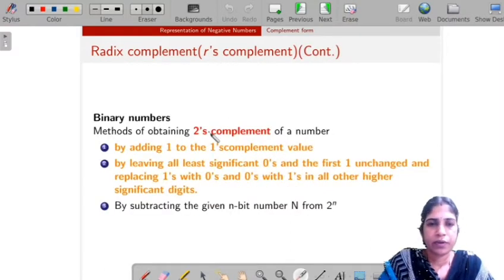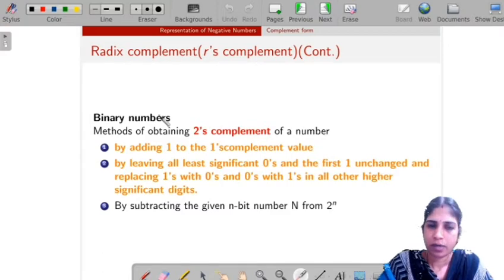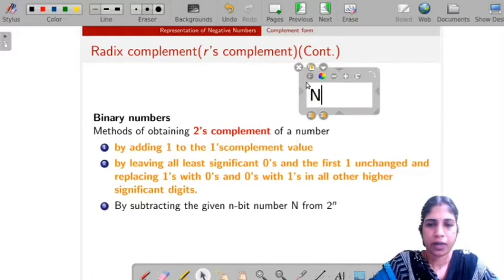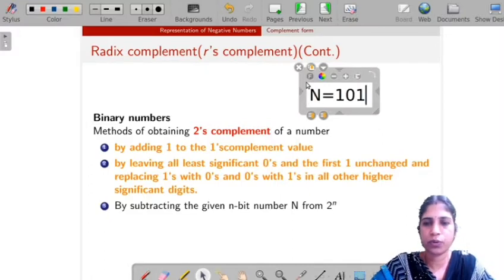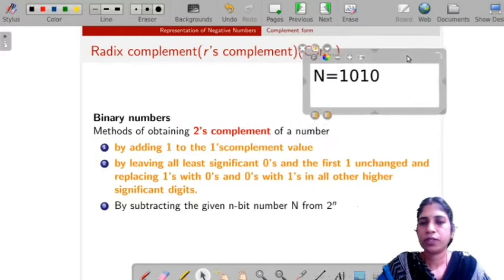Next we will discuss how to find the radix complement of binary numbers, decimal numbers, octal numbers and hexadecimal numbers. In the case of a binary number, R's complement is 2's complement. We can find the 2's complement in different ways. The first method: suppose the given number N is 1010.